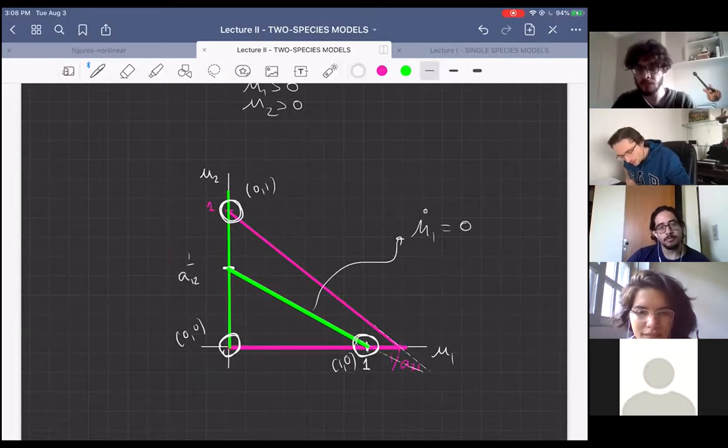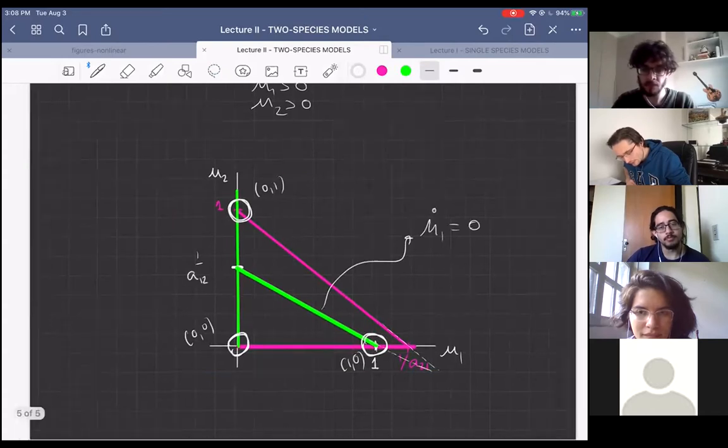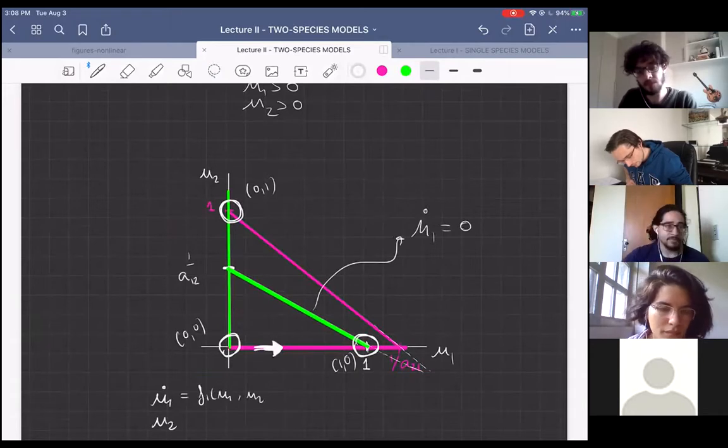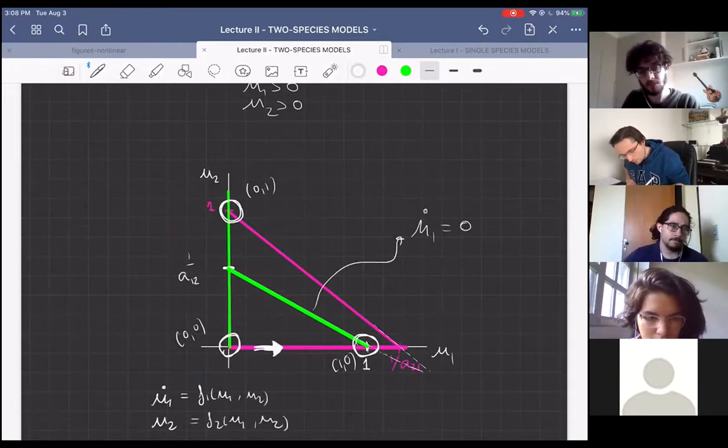So I calculated the direction of U1 in this line, if you remember. I can go to my equations, and if I put U2 equal to 0, I can calculate the value of U1 dot.